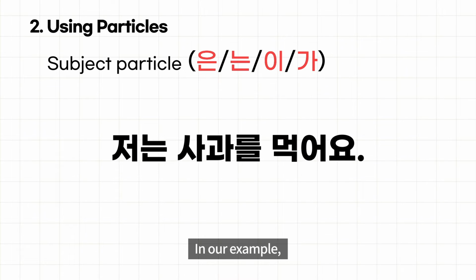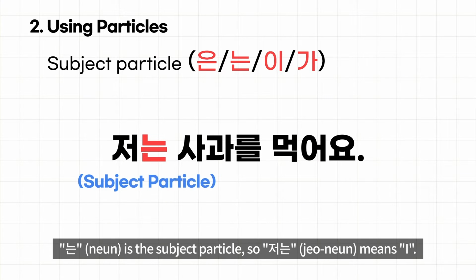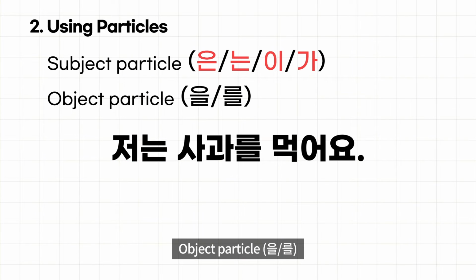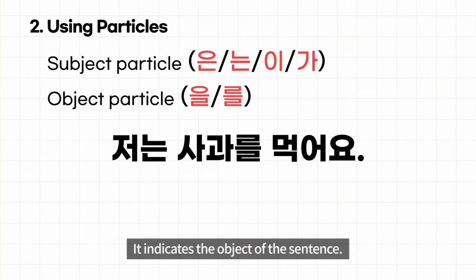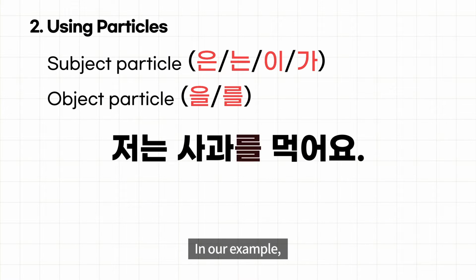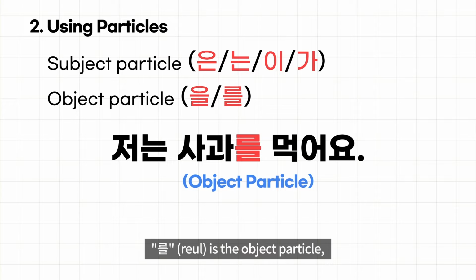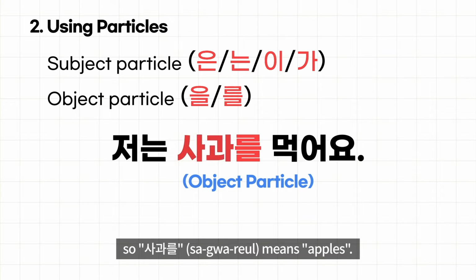In our example, 는 is the subject particle, so 저는 means I. Object particle. It indicates the object of the sentence. In our example, 를 is the object particle, so 사과를 means apples.